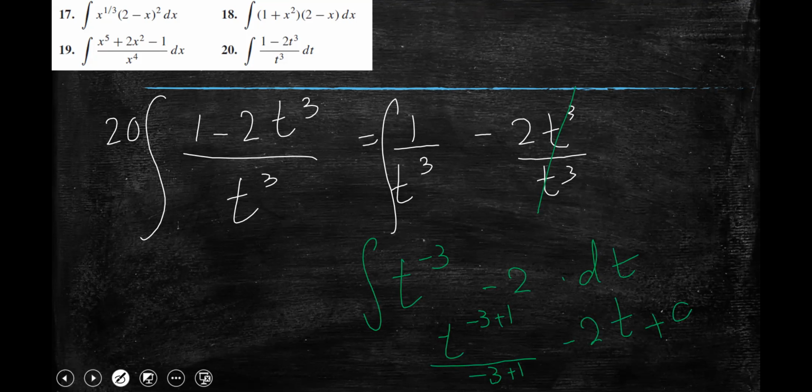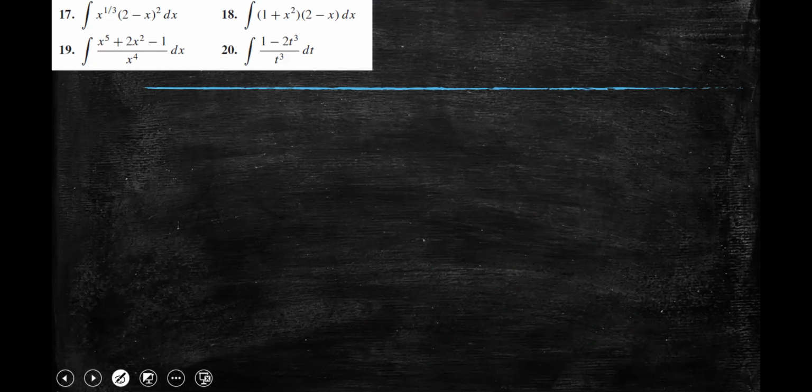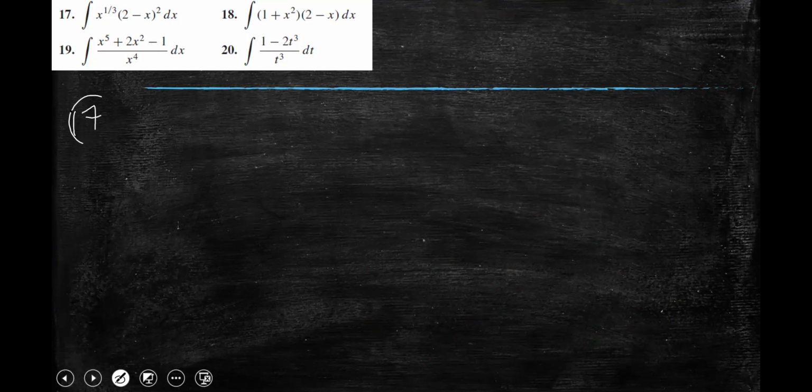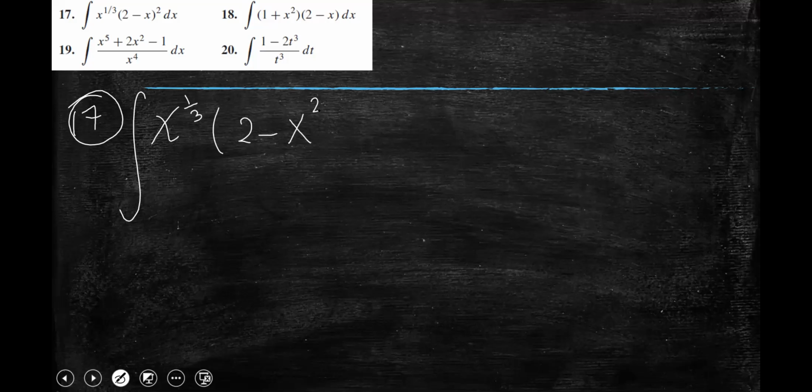Now look at number 17. I have 4 minutes left. I can solve 17, inshallah. In number 17 we have x to the power 1 over 3 times 2 minus x squared dx. Here I have to do 2 steps before integrating. What are they?